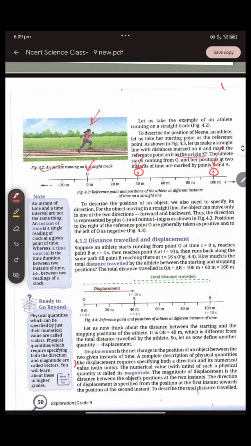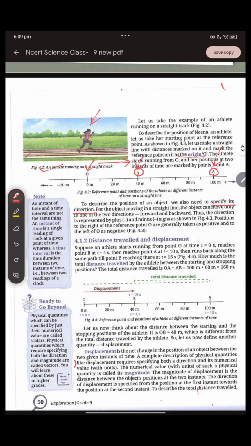To describe the position of an object, we also need to specify its direction. So when I am talking about Nina, an athlete, starting her motion, we can say this is the direction from O to A, or I can say from O to A via B, right?